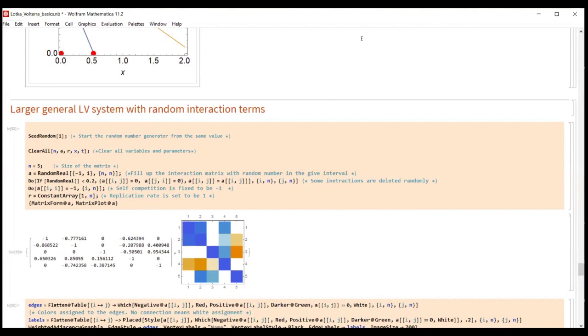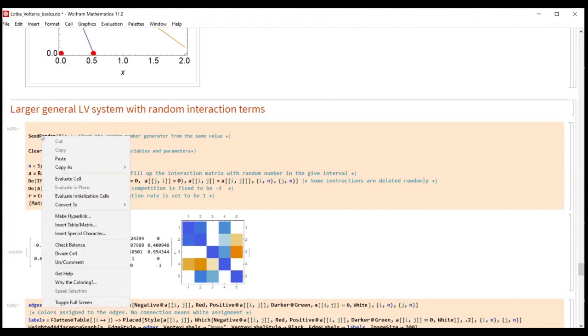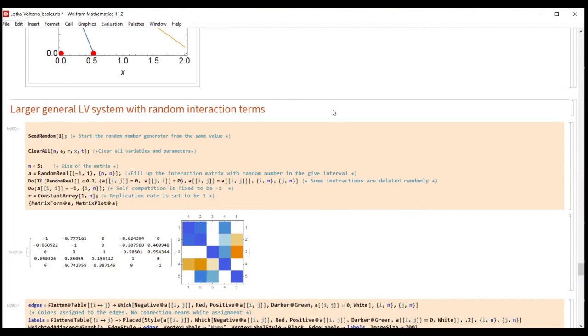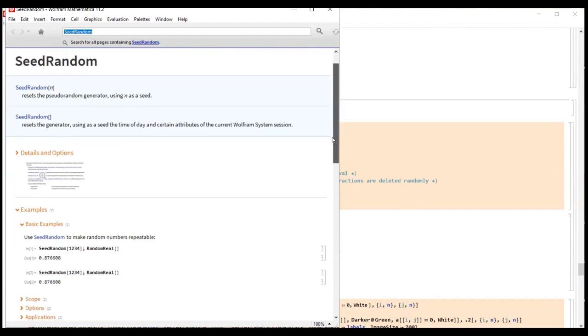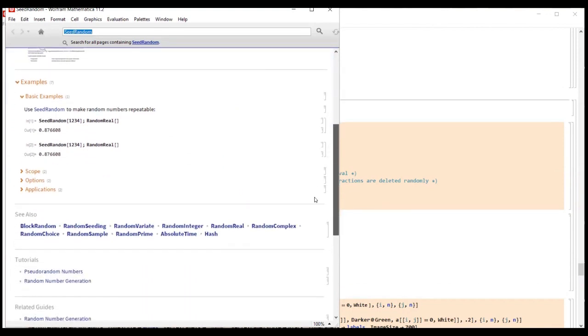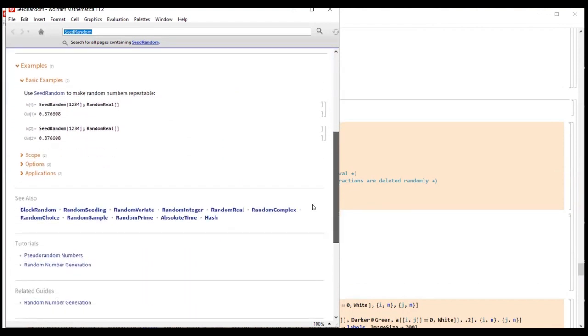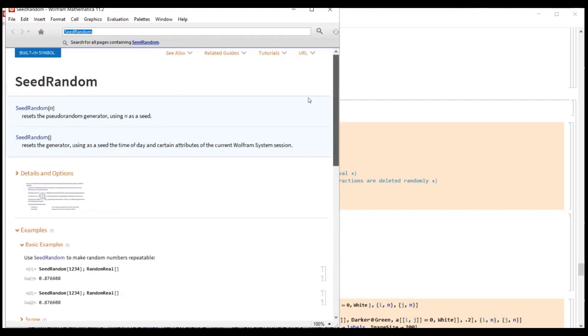On the other side, Mathematica is important because it has a brilliant help. If you click on the command, and then click on the right-hand side and ask for help, you will get a very detailed description of the command, examples of it, options, and similar commands which can be used, and so on.